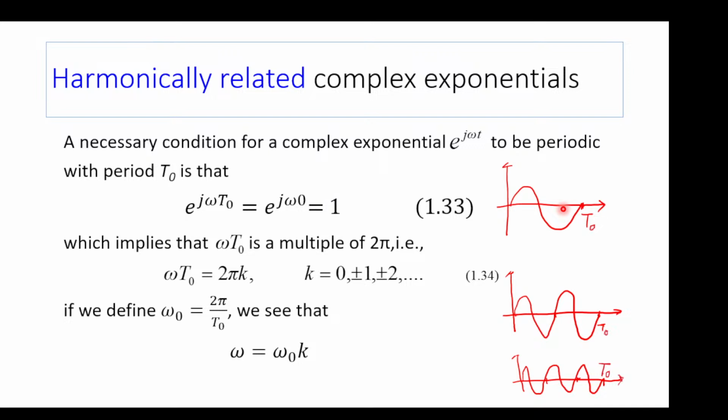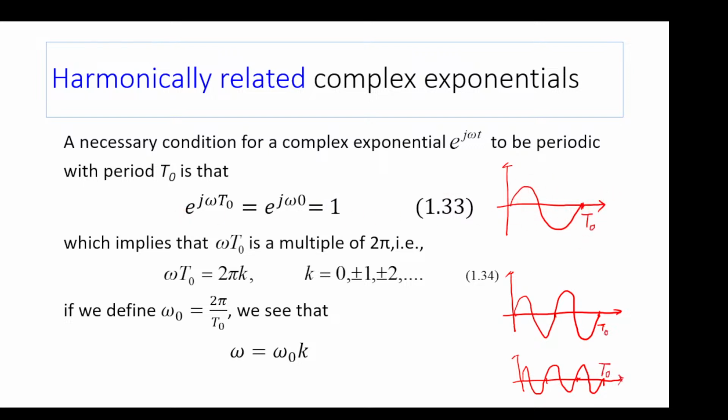If you fix some period T naught here, here is a signal. We didn't draw the infinite part, so imagine this continues to plus and minus infinity. Here is a signal that has fundamental period T naught.